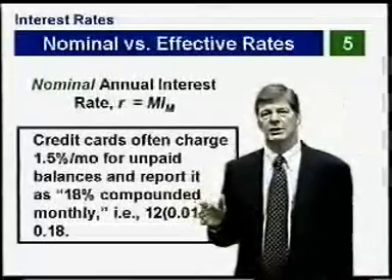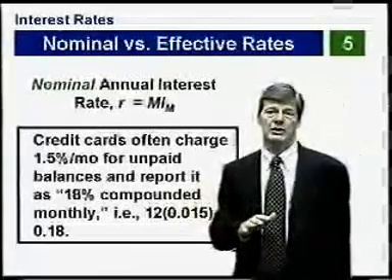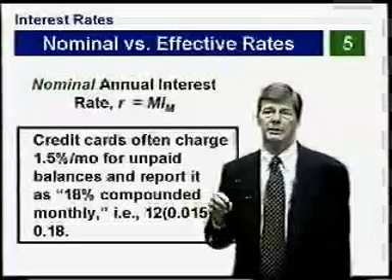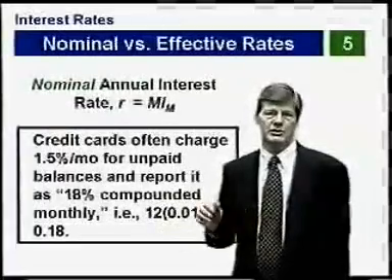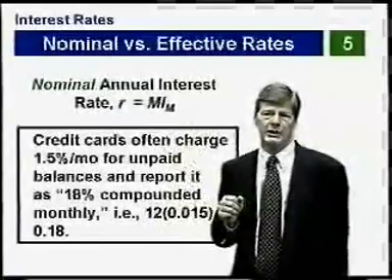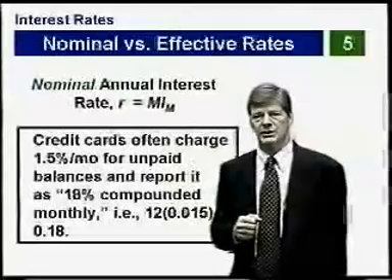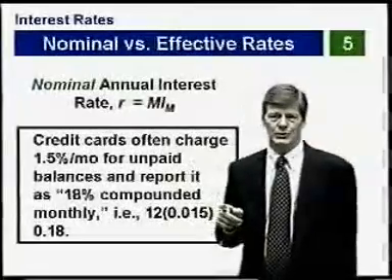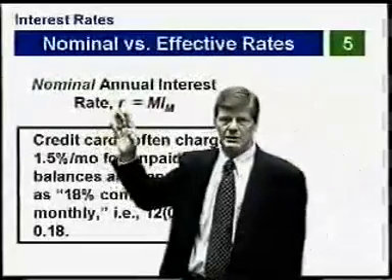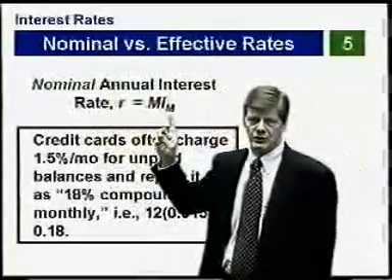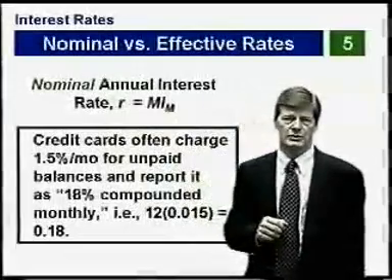In engineering economy studies, we want to work with effective interest rates, that is, interest rates that recognize compounding of interest over time. The point here is, if you encounter a nominal annual interest rate in the process of doing an engineering economy study, what you need to do is convert that nominal annual interest rate to its effective interest rate and work with the effective interest rate in doing your calculations.